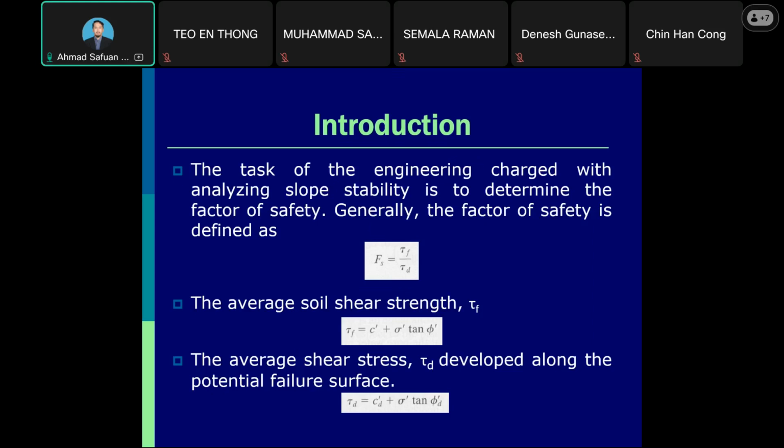This is the Mohr-Coulomb criterion for the shear strength. For the average shear stress developed along the potential failure surface, we also use the same Mohr-Coulomb criterion, which is tau d equal to Cd plus sigma tangent phi d.